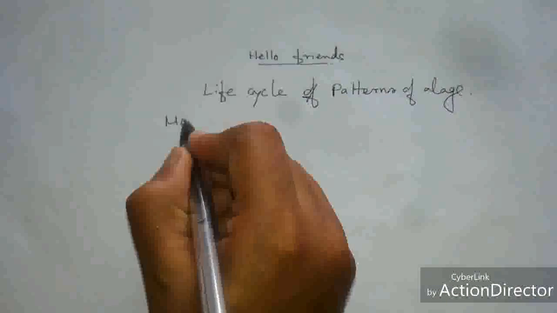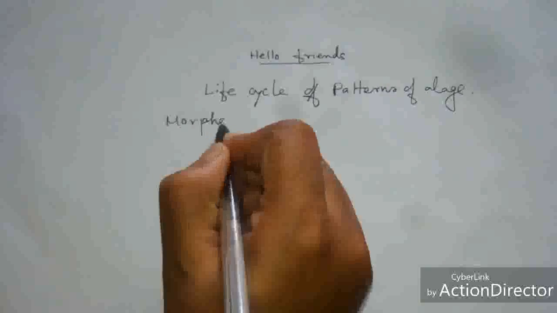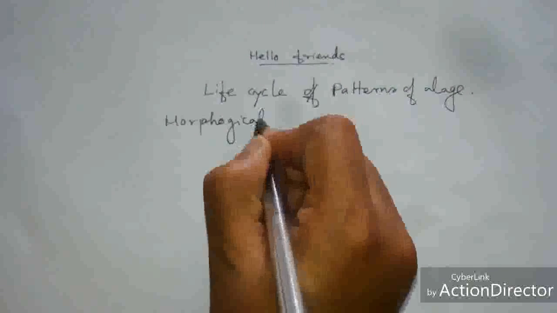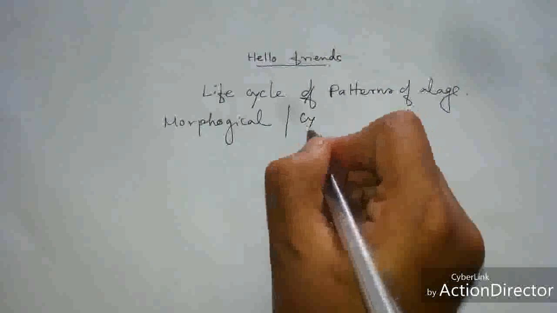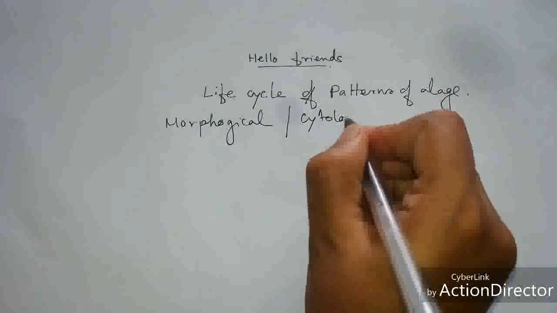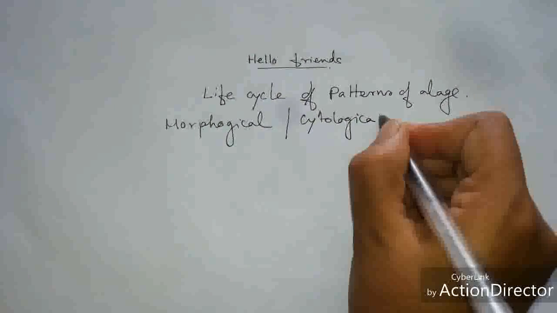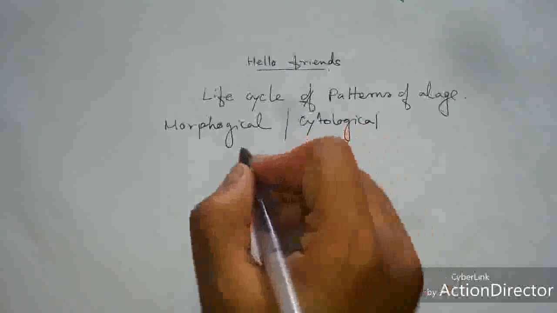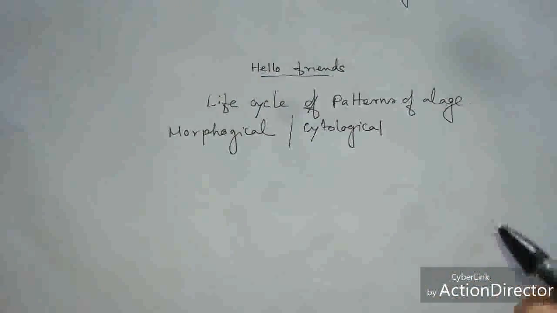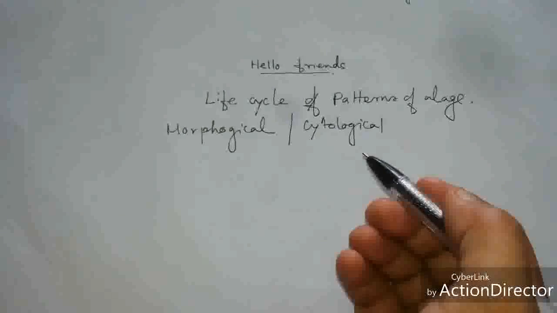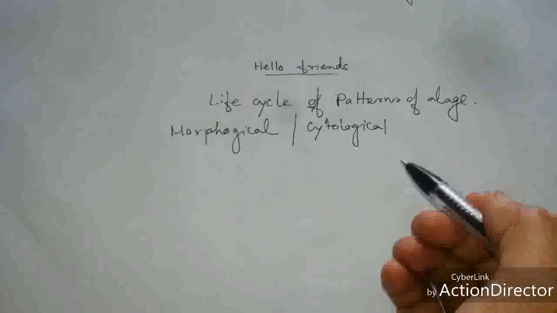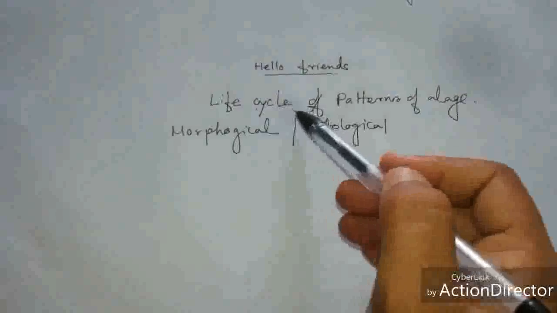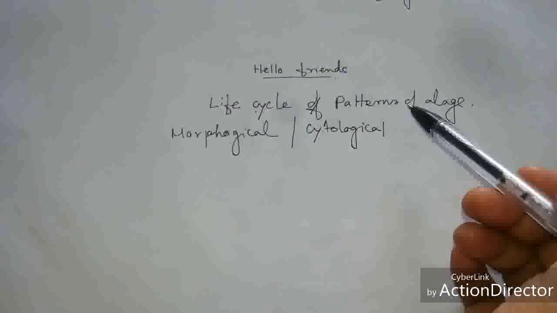Morphologically or cytologically, the phases that change during growth or development of an alga are called life cycle pattern.